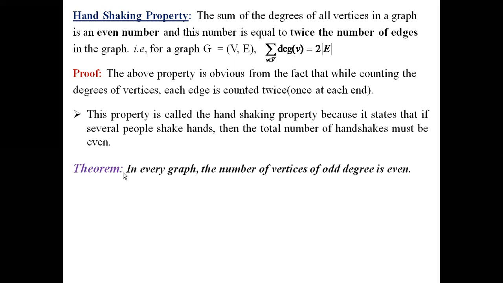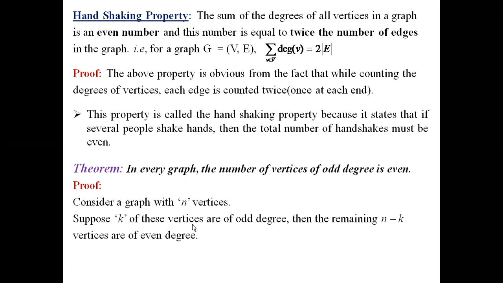We'll move ahead with the important theorem in the concept of handshaking property. In every graph, the number of vertices of odd degree is even. Proof. Consider a graph with n vertices.